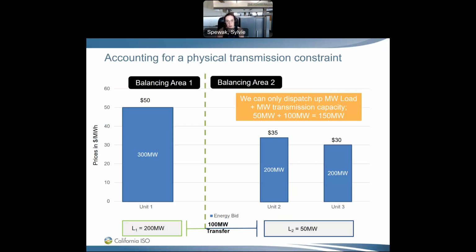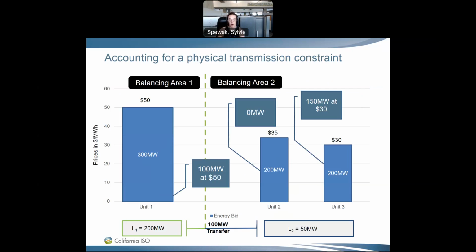So this tells us what our constraint is. It's how much load we have plus this transmission capacity. So we can only actually dispatch up 150 megawatts from balancing area 2. What that means is the last 100 megawatts we need to meet load are going to have to come from unit 1.